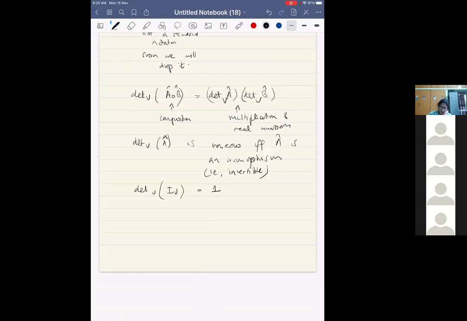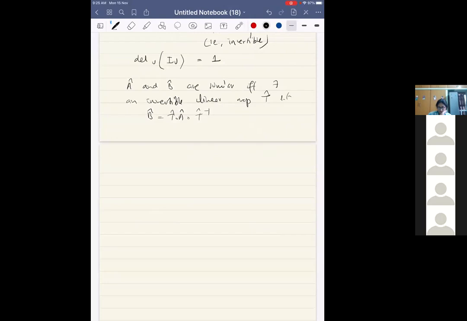And now that we have defined similarity of matrices, you can define similarity of linear maps in exactly the same way. Say that A hat and B hat are similar if there is an invertible linear map T hat such that B hat is T hat A hat T hat inverse.